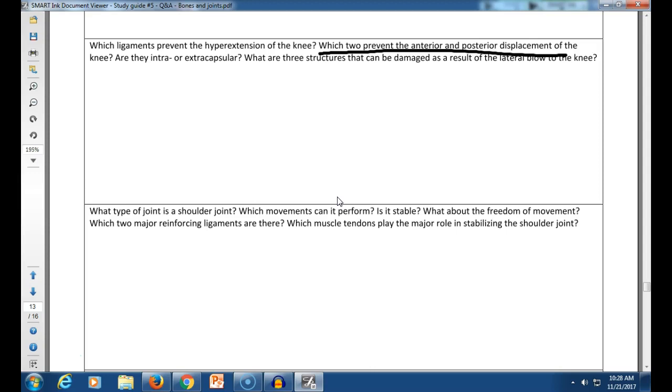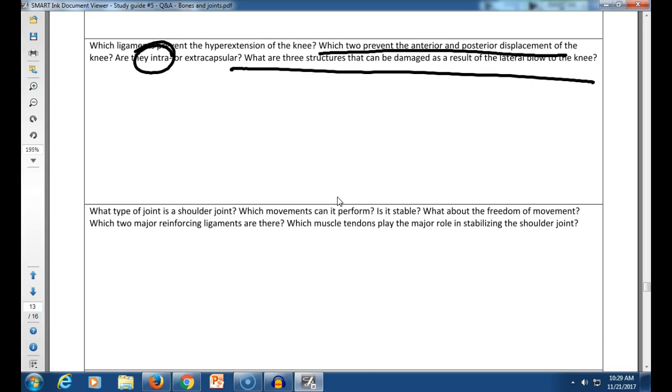Anterior and posterior cruciate ligaments are intracapsular. What gets damaged when the knee experiences a lateral blow? So, lateral blow.